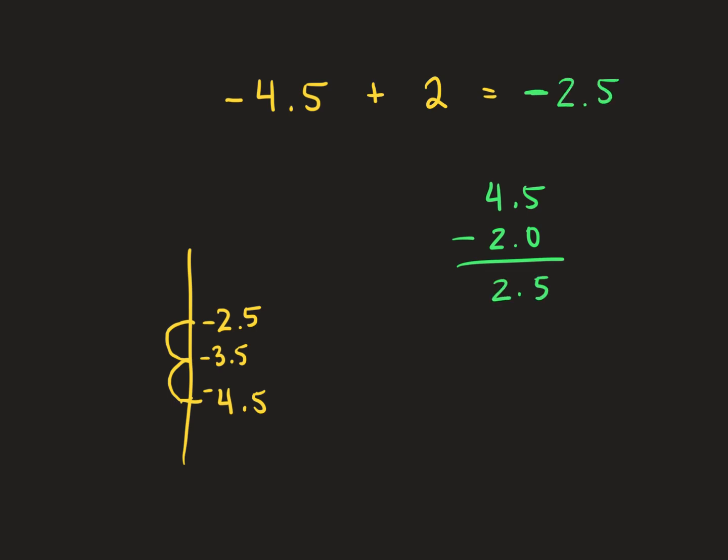Okay, if you get stuck, make up a scenario for yourself, right? Tell yourself something that can help you know what to do to solve it. If you go into Canvas, there's an Edpuzzle that's going to go over more with adding and subtracting negative decimals. You can click through Canvas.